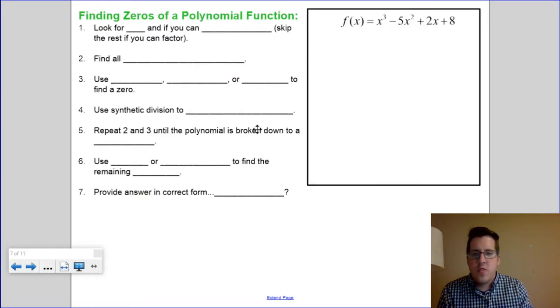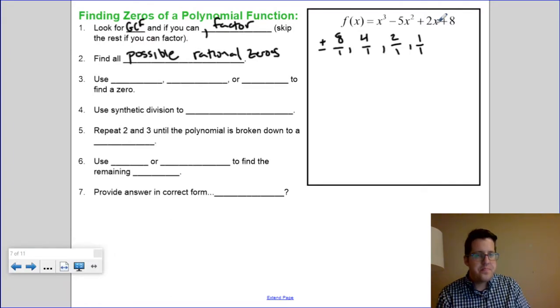All right, here's an ordered list of things that you want to do to find zeros of a polynomial function. The first thing that you want to do is to look for a GCF, and if you can, factor the polynomial. If that doesn't work, you want to then next find all possible rational zeros like we just did.